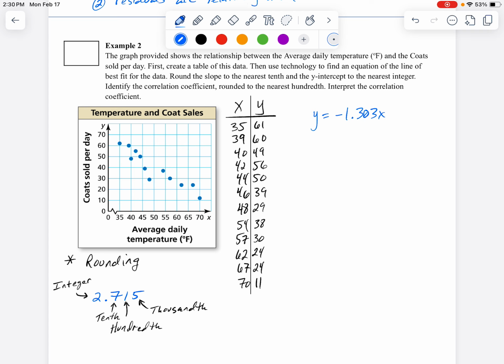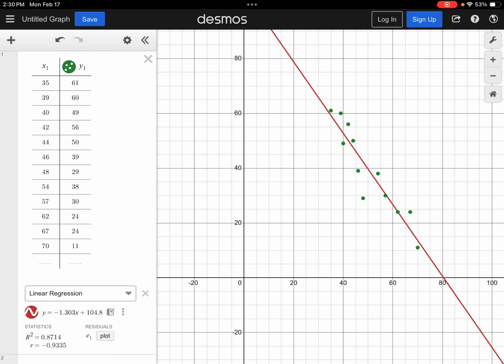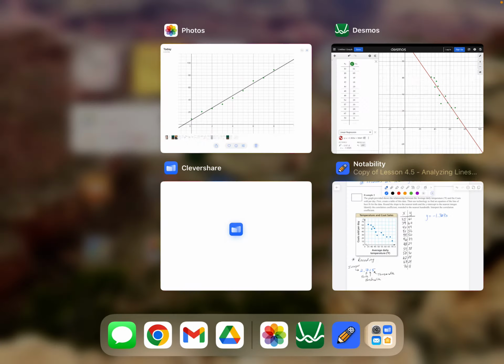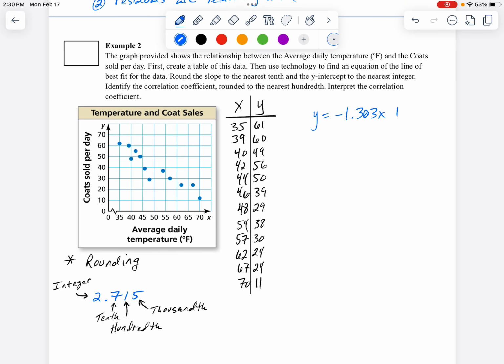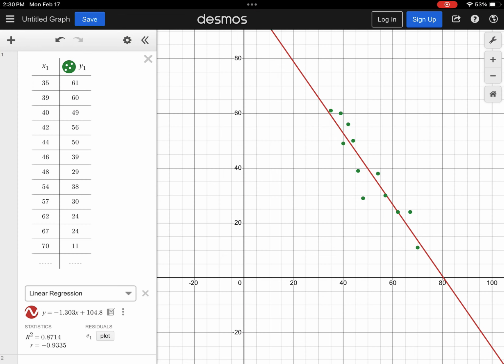I think that was right. Negative 1.303x plus 104.8. And then our R value was negative 0.9335.